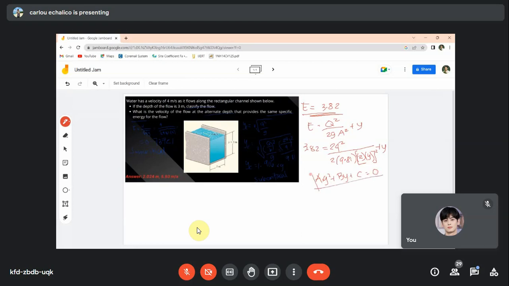Pwede ra katong mode na function sa inyong calculator, pero pwede ra pa na inyo i-shift solve. Mas dali na siya i-shift solve. So try ninyo shift solve then give me the value of y. Okay?